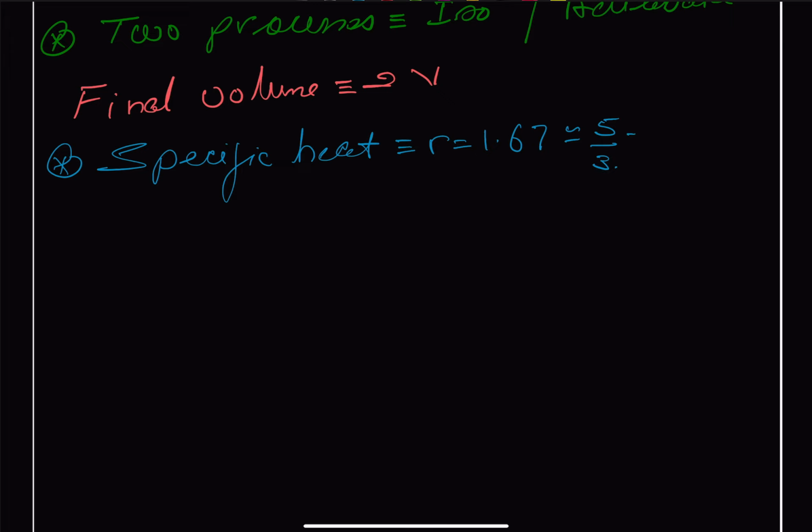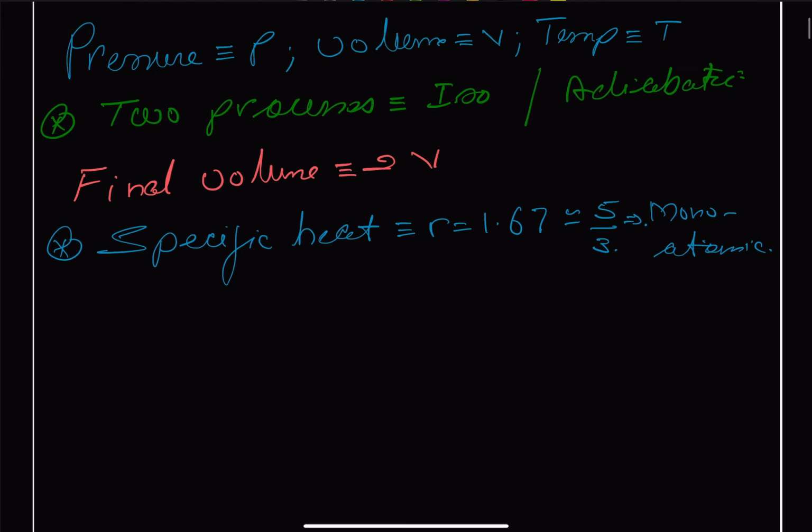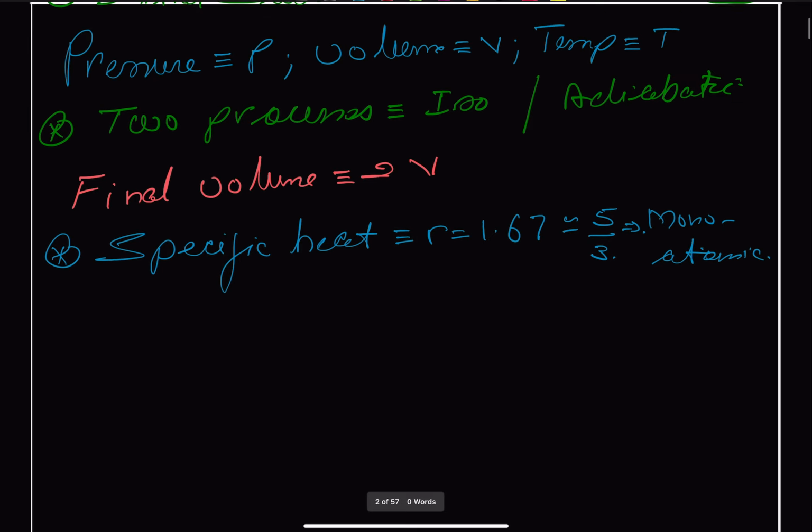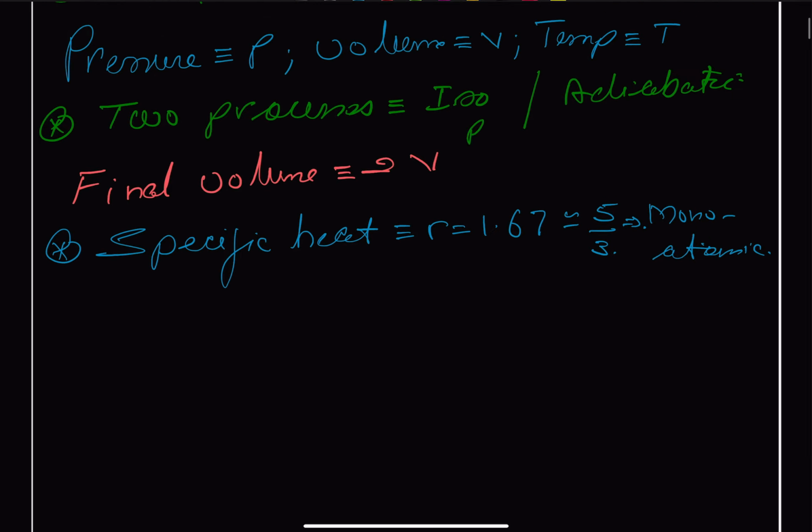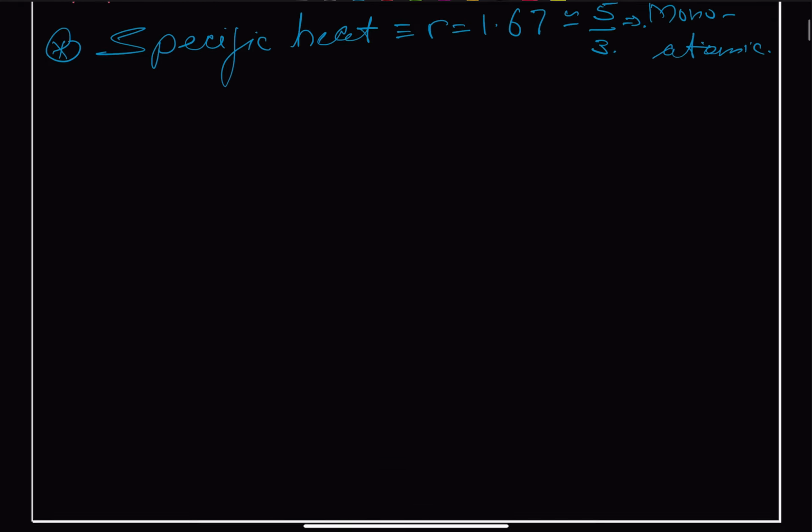Therefore, from here we can say it is a monoatomic gas. In case of isothermal, the final pressure is given as Pi, and for adiabatic the final pressure is given as Pa, whose ratio we are going to find out. So first of all, let's deal with the isothermal expansion.